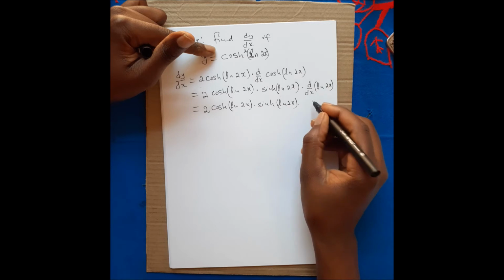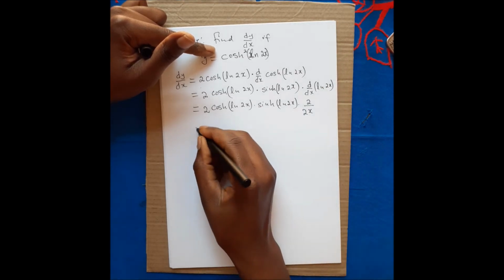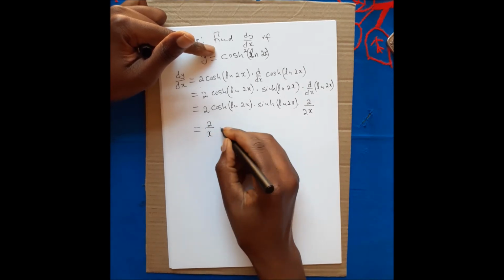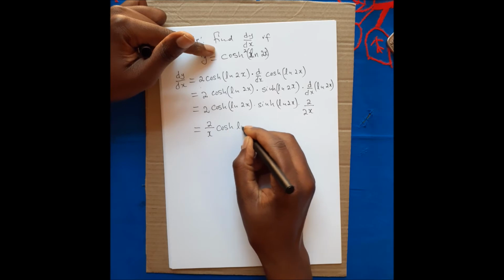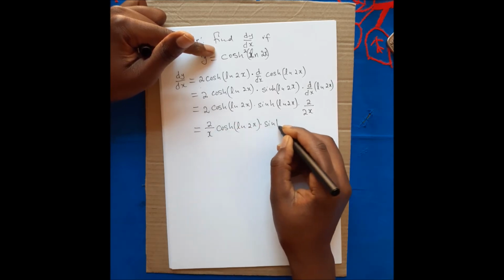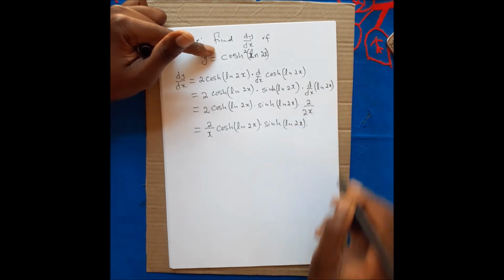The derivative of ln 2x is 2 divided by 2x, which will be 1 over x. Therefore, we are left with 2 over x cosh of the ln of 2x sinh of the ln of 2x, like that.